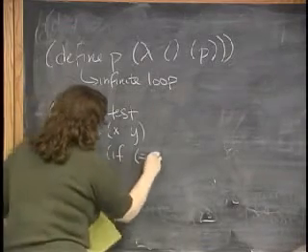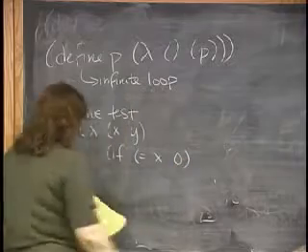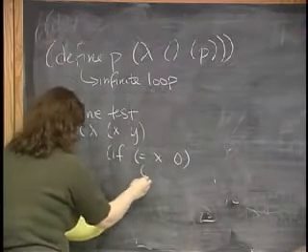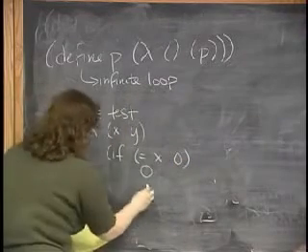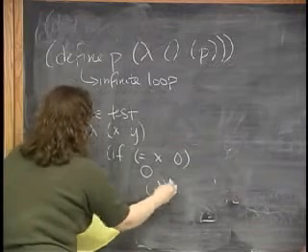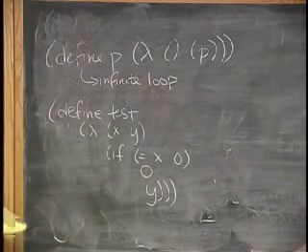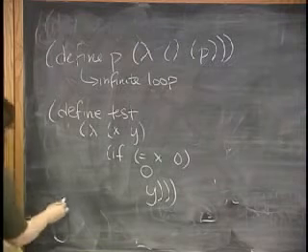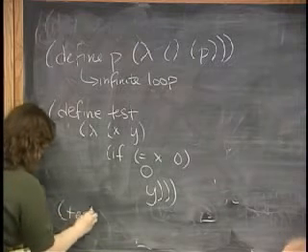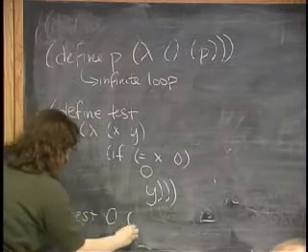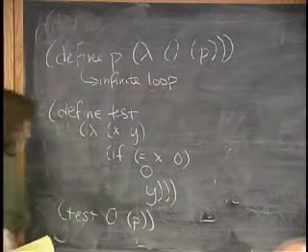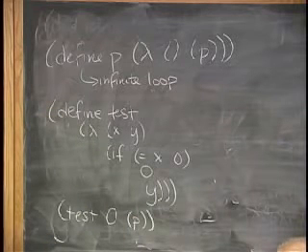The body is: if x is equal to 0, I'm going to return 0. Otherwise, I'm going to return 1. Then let's call test with the parameters 0 and an application of P.